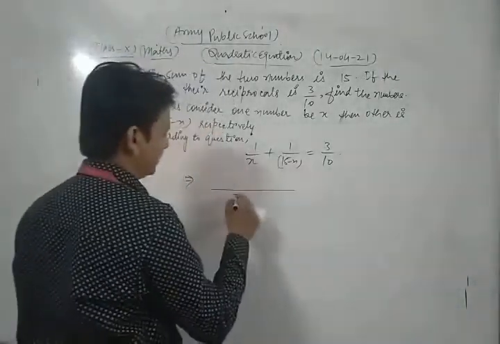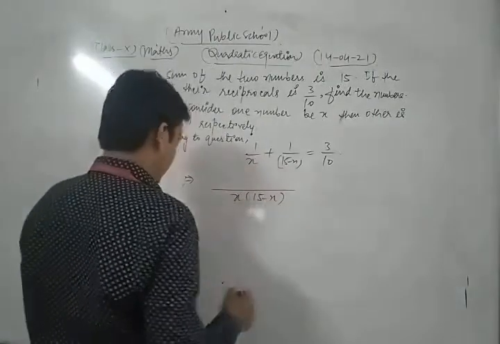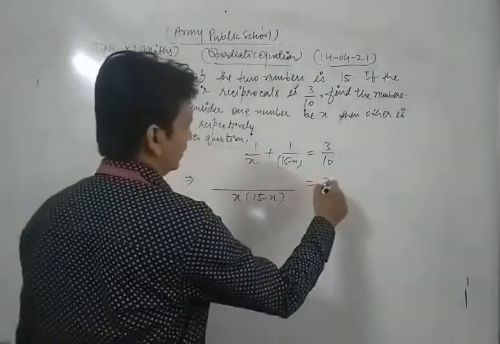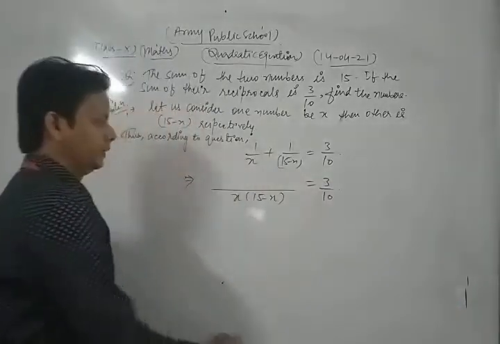Now we take the LCM of x and 15 minus x, which is equal to 3 by 10.